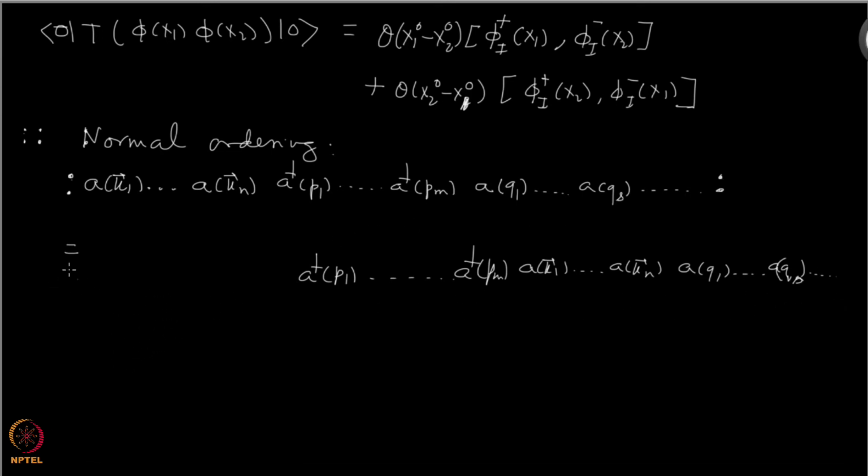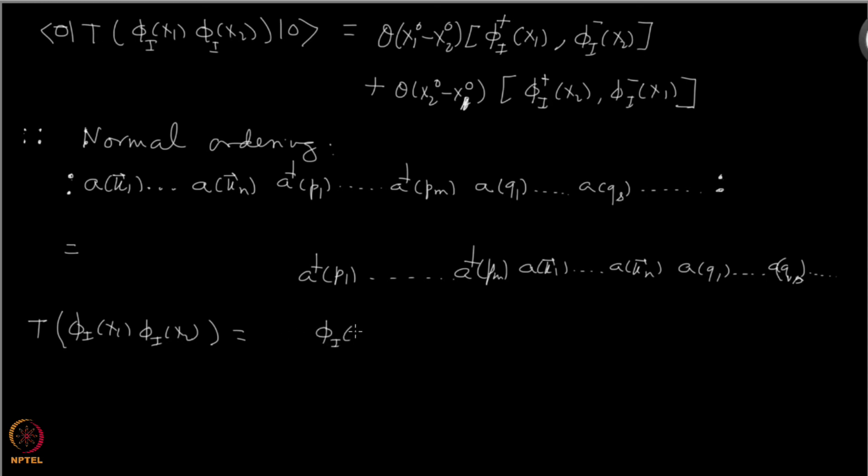Now as I said, this is useful because the moment you put this between vacuum, that will give you 0. So let's see what it means. It means that the time ordered product of the fields phi I x1 and phi I x2, that we had, we wrote it as the following.